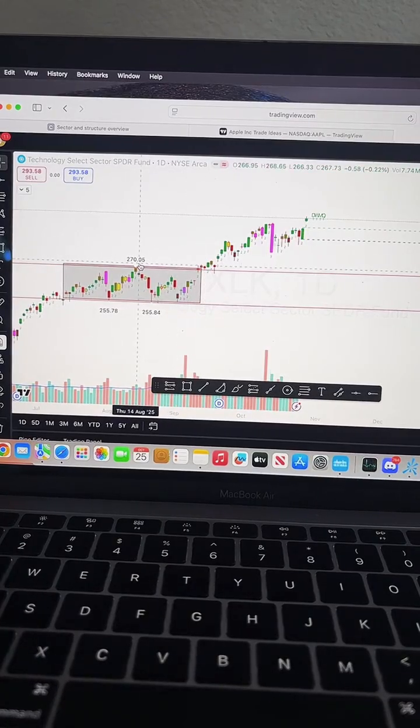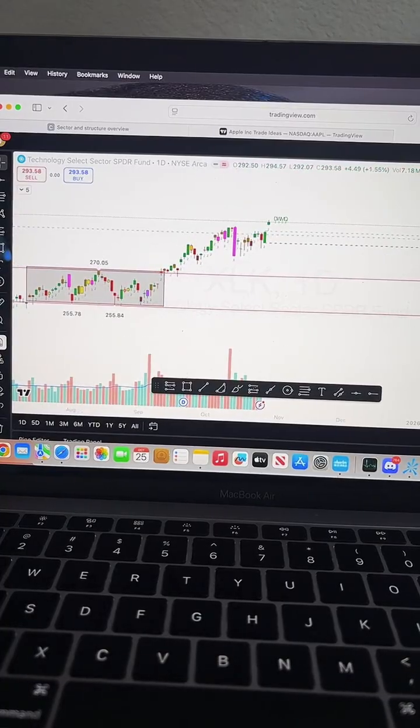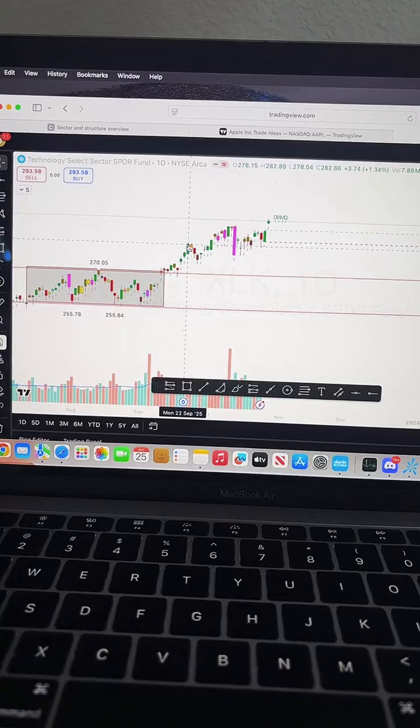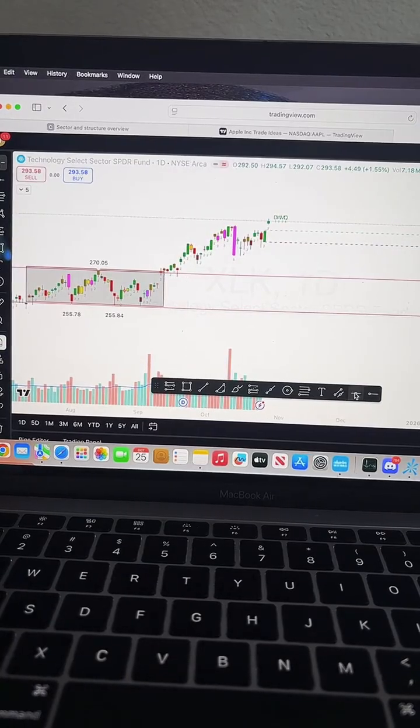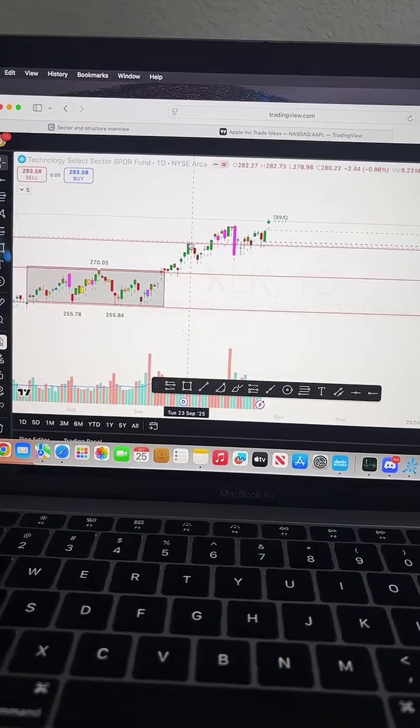Eventually, it broke the 270 area, broke out of that, and it started an uptrend. So this is a market structure, trading sideways. Now, since we broke that, a swing high was created above this one, which would be this, because this candle is higher. Let me mark it for visual purposes. Right there will be a swing high.